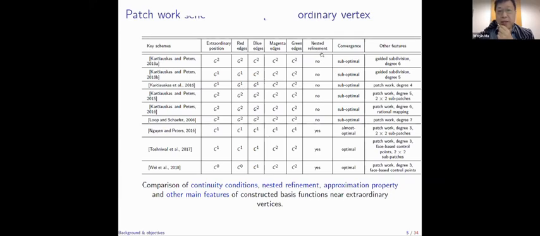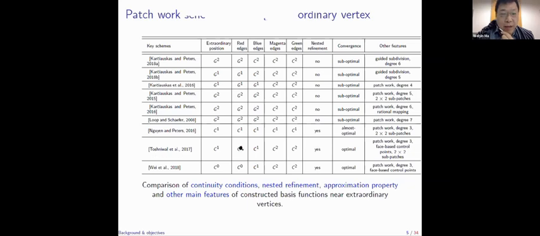However, most of the schemes, as you see here, are not nested refinements. Which means that while we do further refinements, the patches in that region after refinements may not be exactly the same as before the refinements.